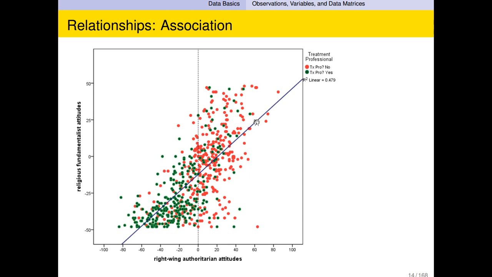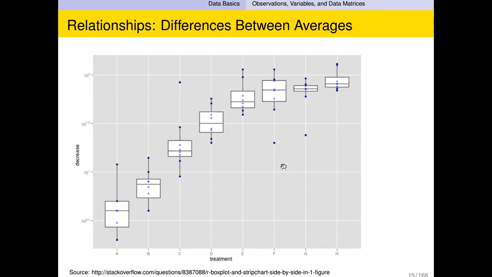And this blue line is the line of best fit if you throw everybody into this graph. So this graph shows you each dot has a value on two variables. This is a person right here. It's an undergraduate student who was slightly lower than average, so like a -20 or something on authoritarian attitudes, but above average on religious fundamentalism. So we can represent relationships between more than one variable.